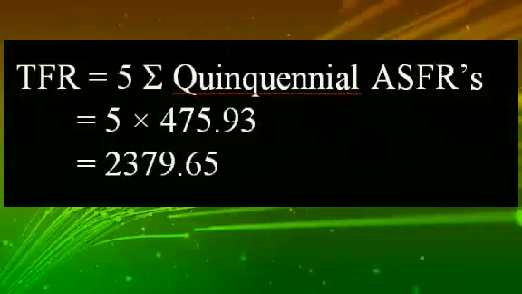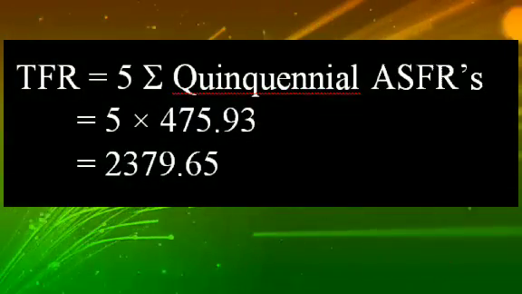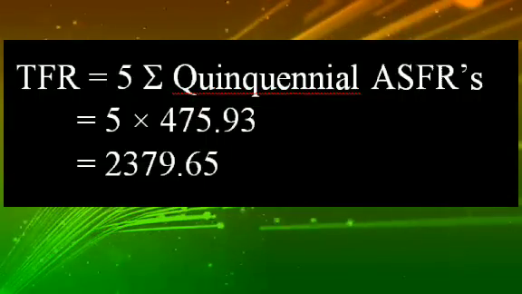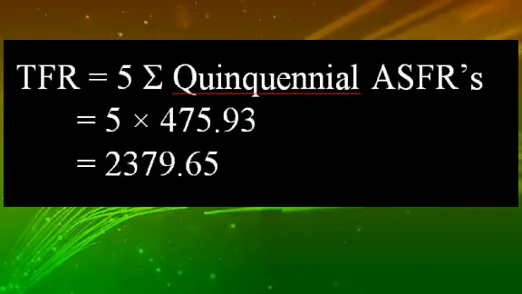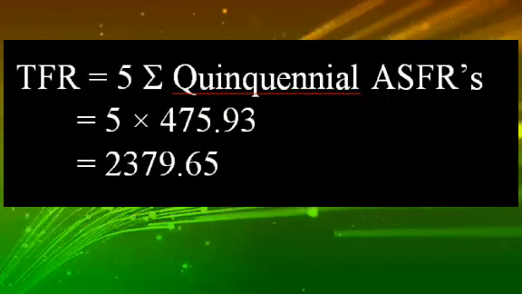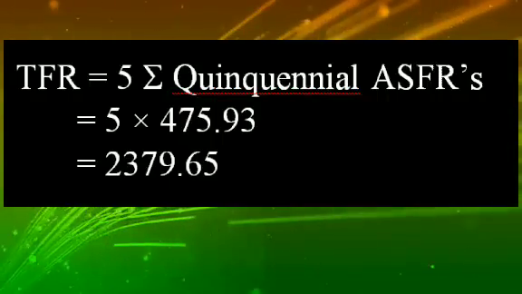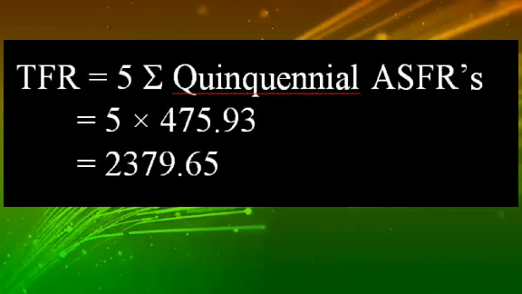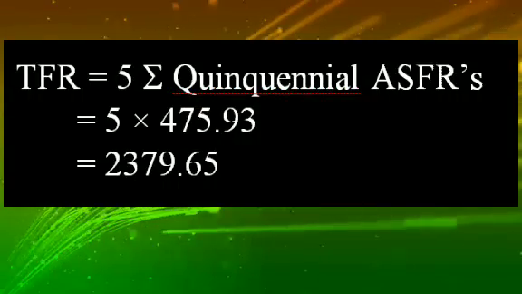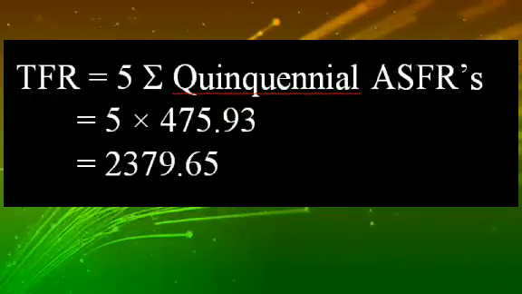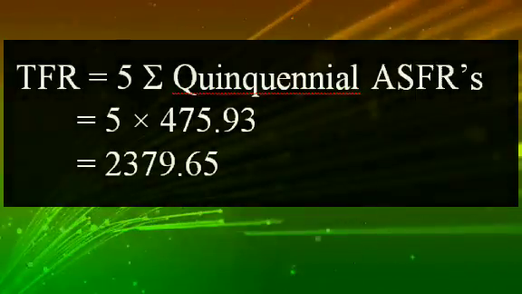So write TFR formula, TFR equal to 5 into sigma quinquennial ASFRs, for which find all the ASFR values, find their total, substitute in the formula and find the TFR value. Here they didn't ask you to find the total or average number of children born, so you need not find that ratio. The question was to find a TFR and the answer is 2379.65.